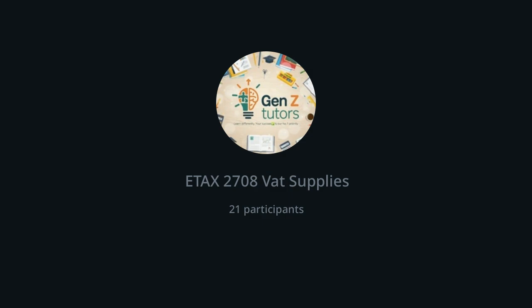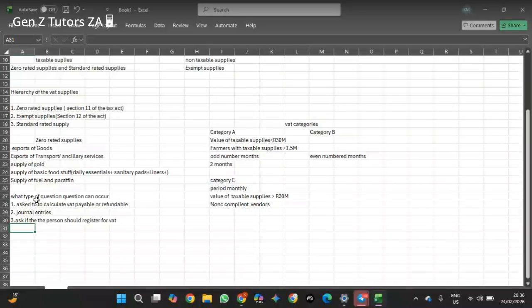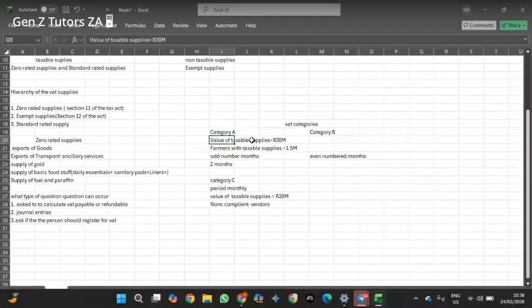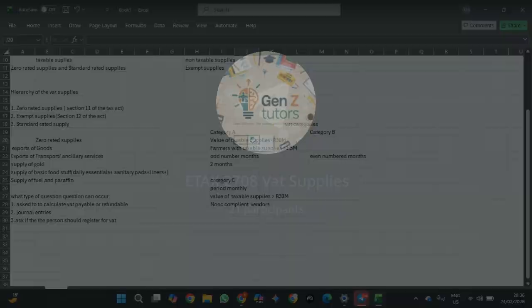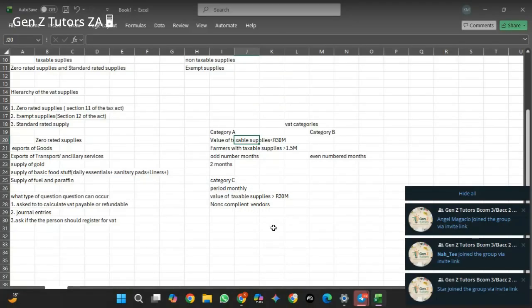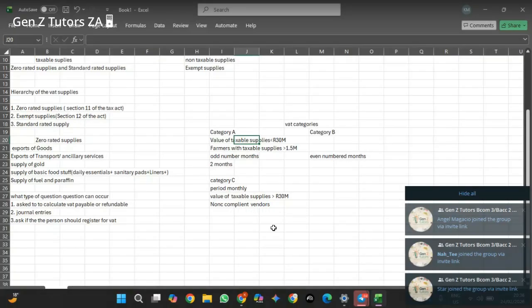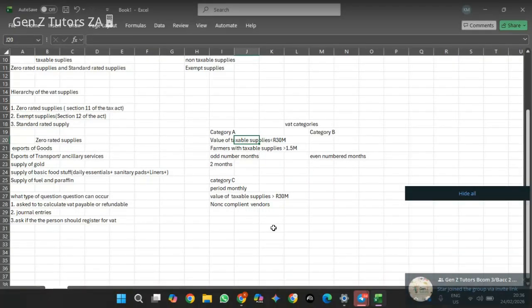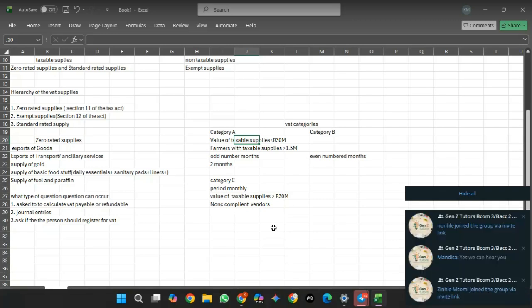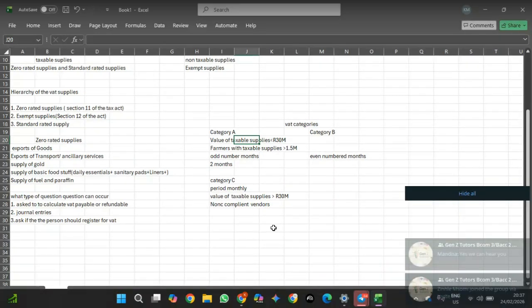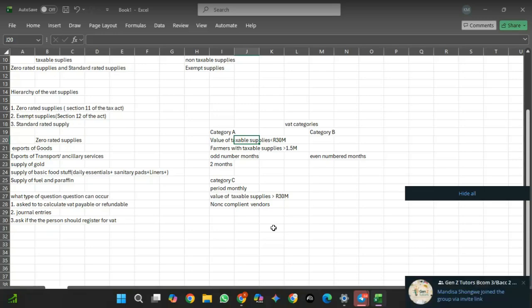Then that's when you actually look at whether the value of taxable supplies is greater than 1 million. Voluntary registration begins from 50,000 if taxable supplies are greater than 50,000. It does not mean that a company can make 3 million or something like that without it being compulsory to register for SARS, even though they say the value of taxable supplies must be greater than 1 million rand.